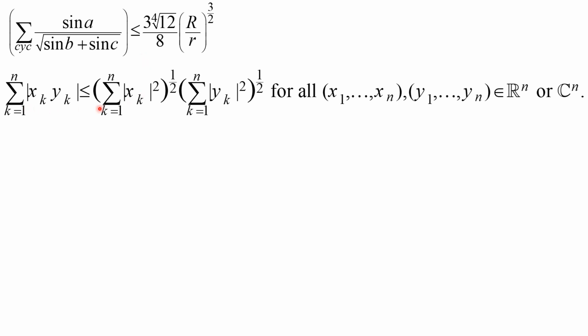So this is the formula of Cauchy-Schwarz, as you can see. And by the way, as I mentioned, it is generalized. If you put instead of 2 here, P, and here Q, so that 1 over P plus 1 over Q equals 1, you can make your own business by using this formula.